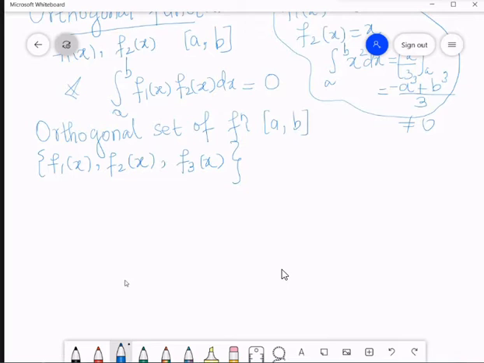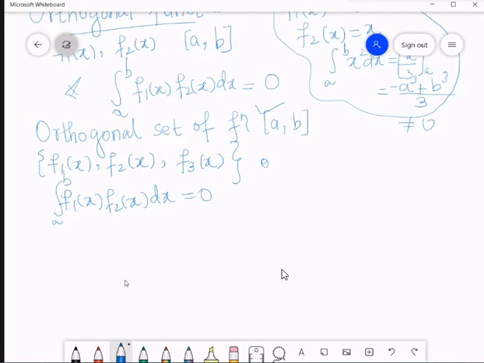It means that if I take the functions over here, see what combinations are possible. I can have f1 of x multiplied by f2 of x, so the inner product between these two can be calculated, all of them defined on the interval a to b. This product should be 0.